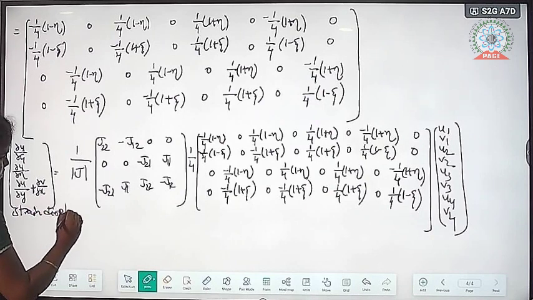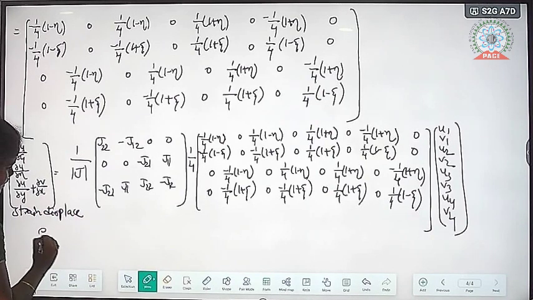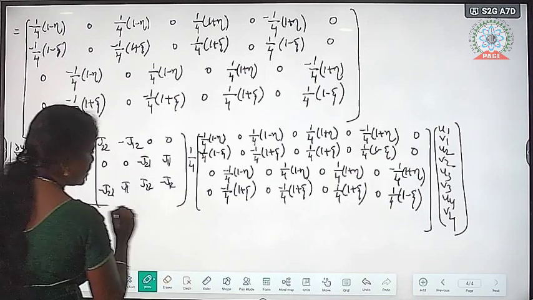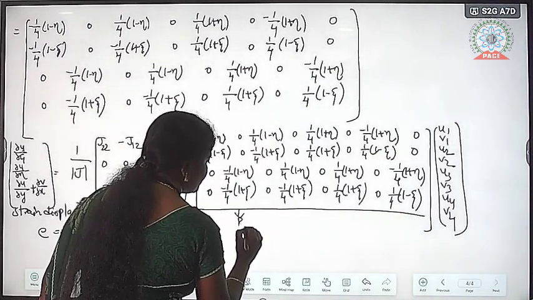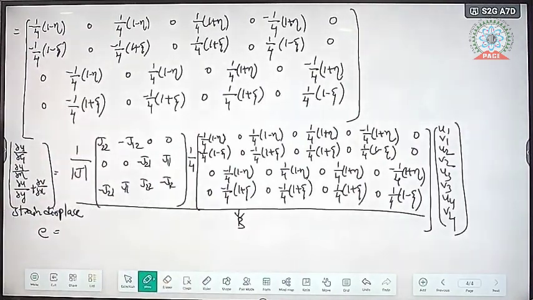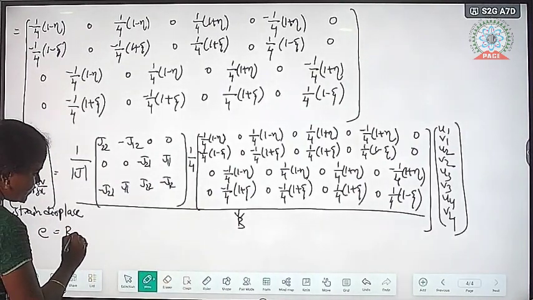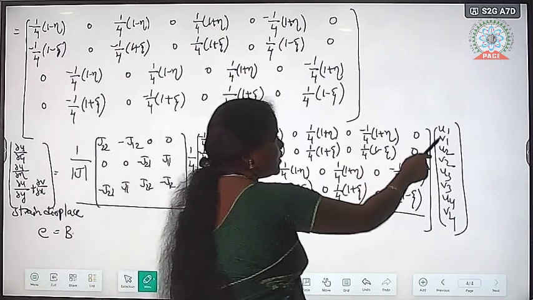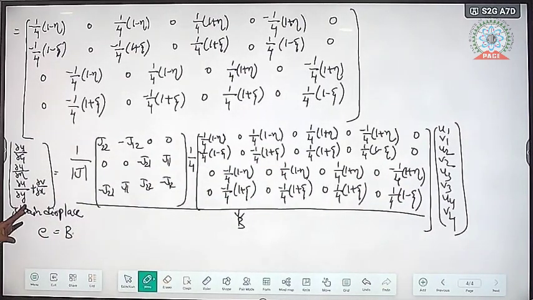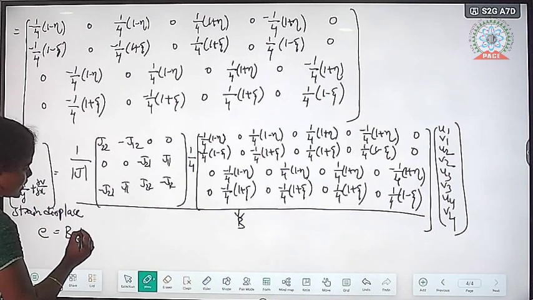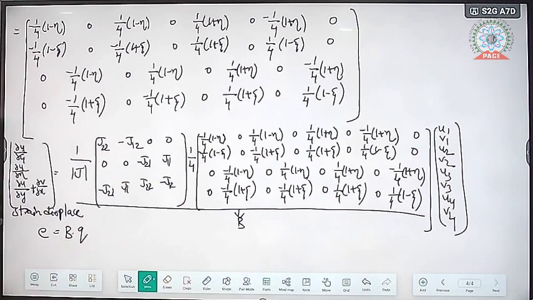Strain is denoted by E. So E is equal to this total, which we take as B, the strain displacement matrix, into U1, U2, U3, U4 and V1, V2, V3, V4, which are the displacements along X and Y axis. The displacement vector we denote as Q. Okay.